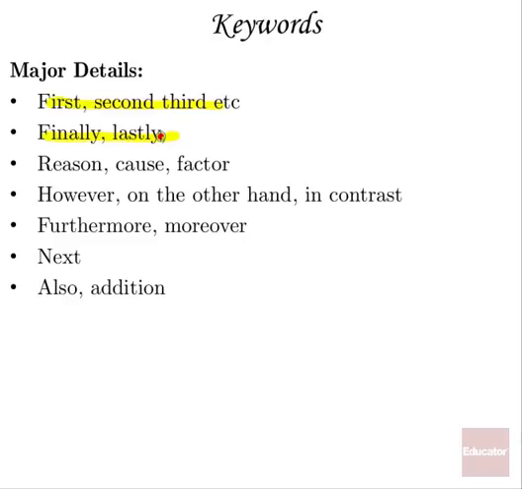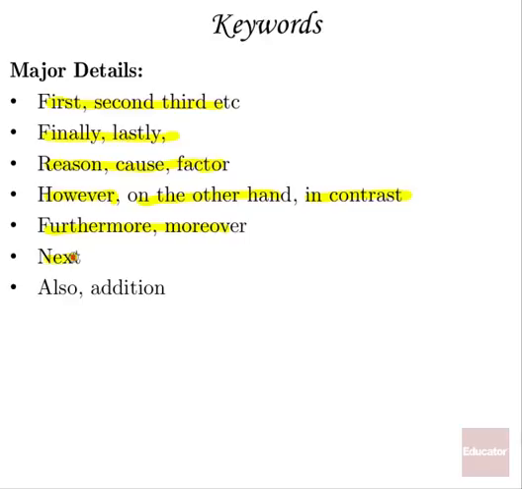If the essay is organized in a special way, maybe we're going to be talking about reasons, causes, and factors, those are other examples of keywords that let me know an important detail is coming in the next sentence. If I've been talking about one major detail for a long time, and then all of a sudden you hear however, on the other hand, or in contrast, especially in a compare-contrast essay, you're almost certainly getting another major supporting detail.